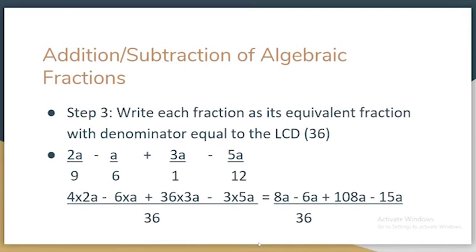Brilliant. And there we have it. Notice we're using the same numbers. So 9 into 36 is 4, 4 times 2a. 6 into 36, 6. 6 times the numerator is 2a, not a number. 1 into 36 is 36, 36 times 3a. 12 into 36 is 3, 3 times 5a.